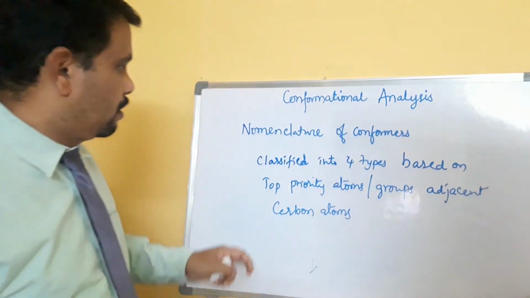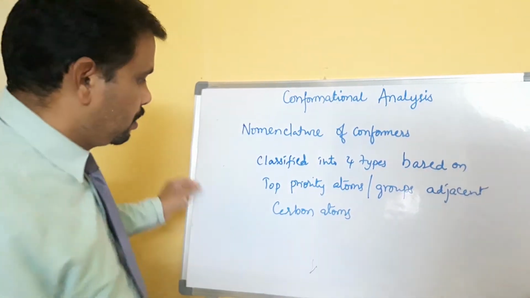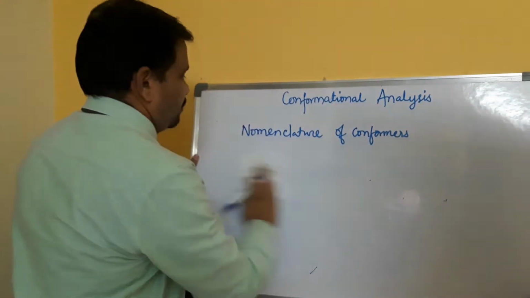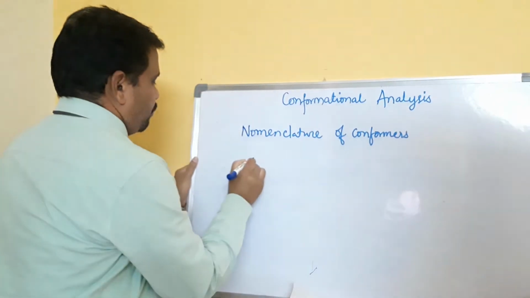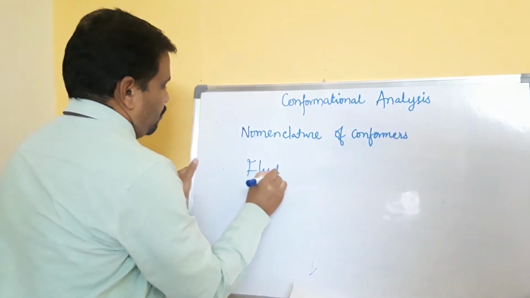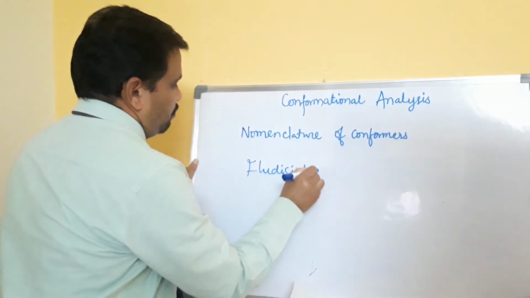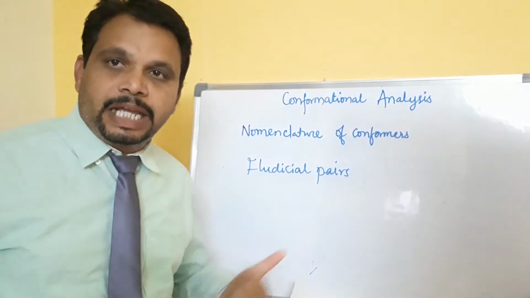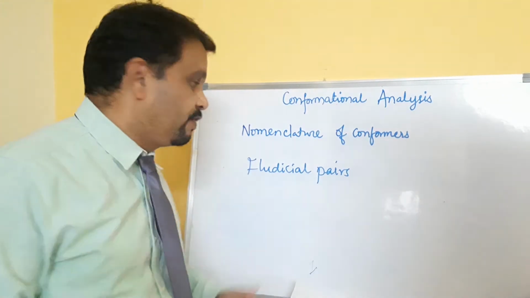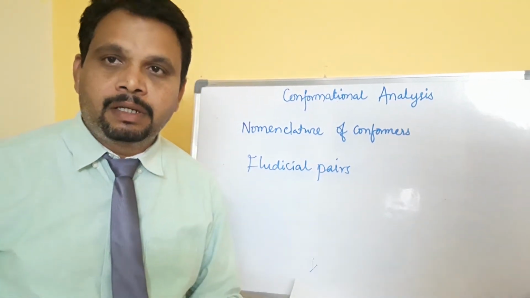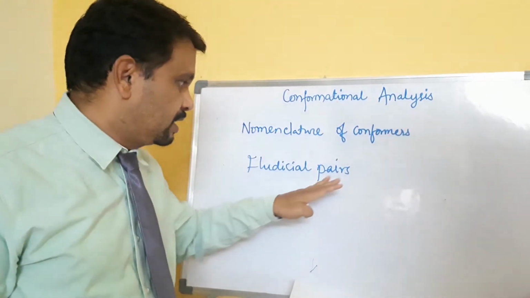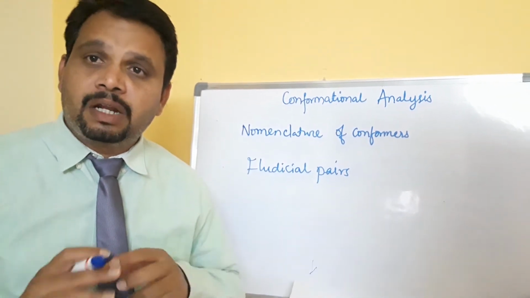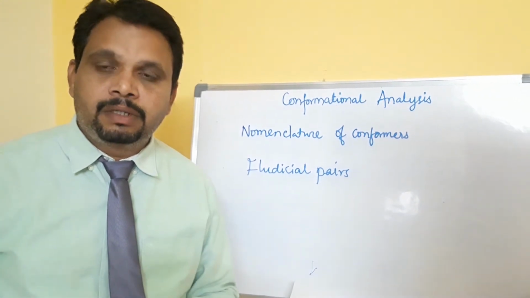I want to tell you one term, fluidicial pairs. I want to explain this term because you may not know about fluidicial pairs. Fluidicial pairs are nothing but top priority atoms or groups which are on adjacent carbon atoms.